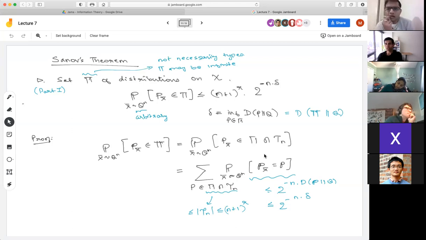Any questions about this before we proceed to the other side of the theorem? I feel like we've done nothing, but we have concentration. It's very nice. The method of types is a very simple proof of a fairly general concentration theorem. All we did was some very simple counting.